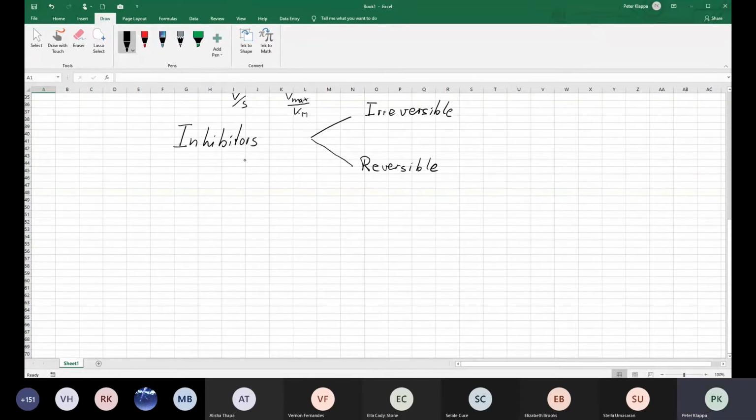Irreversible inhibitors, these are things that, as the name says, they just are totally irreversible. Basically, you cannot reverse the action of an irreversible inhibitor. This is pretty much, it does what it says on the tin. And very often, an irreversible inhibitor will destroy the activity of an enzyme.